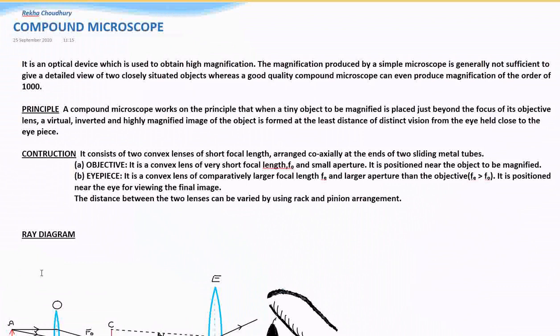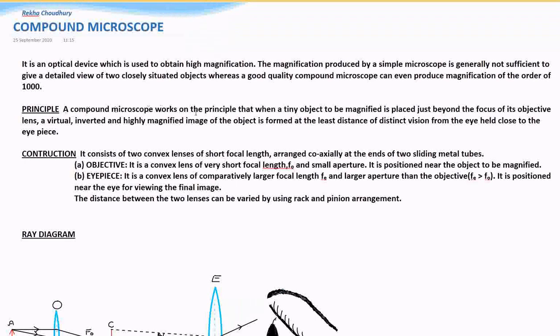In a compound microscope, two convex lenses are used. Among the two convex lenses, one is called the objective, which is placed close to the object, and another convex lens, which is near the eye, is called the eyepiece. Now its principle.